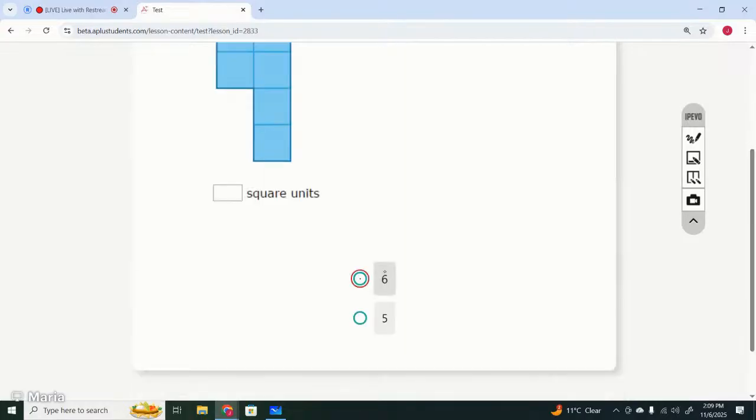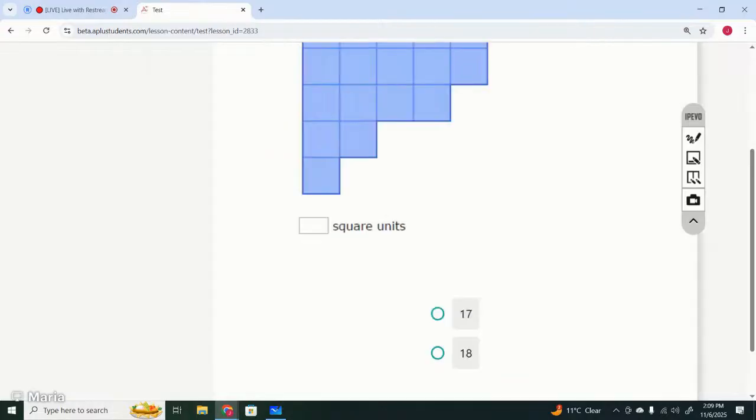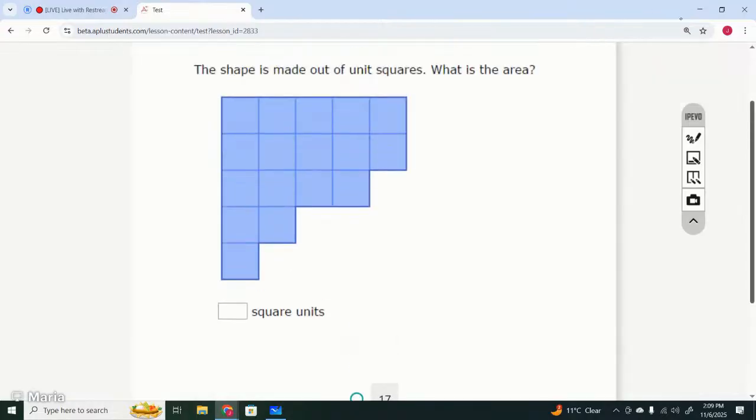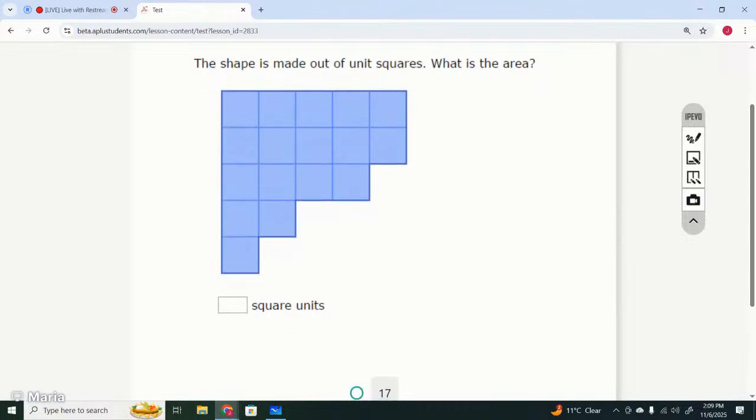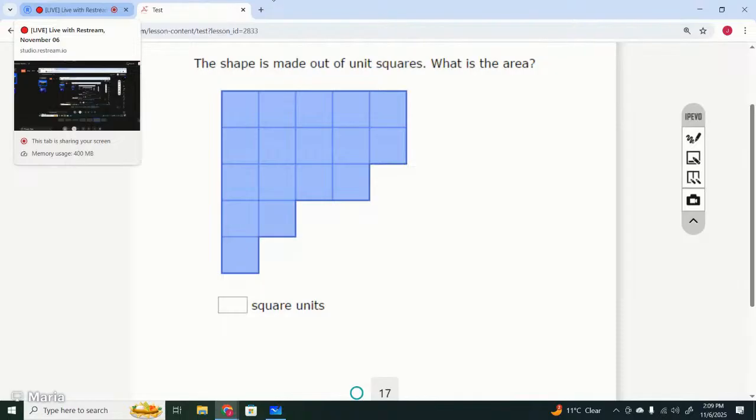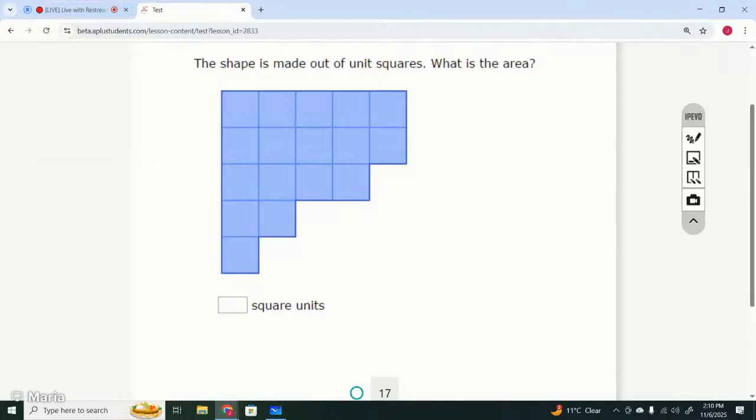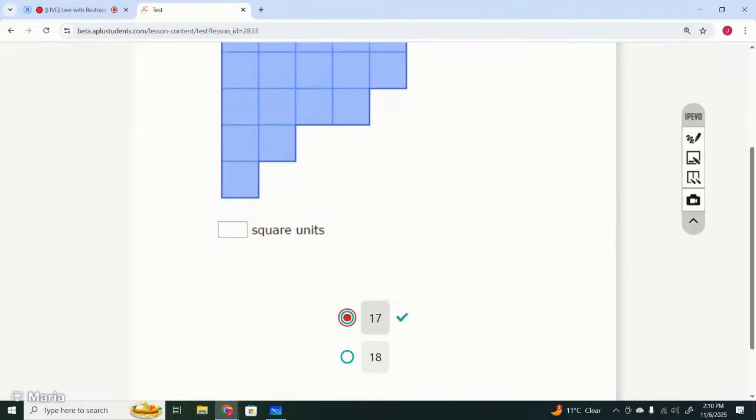That equals 6. Option number 1 is the correct option. The shape is made out of unit squares. What is the area? 17 it is. The correct option is 17. Option number 1 is the correct option.